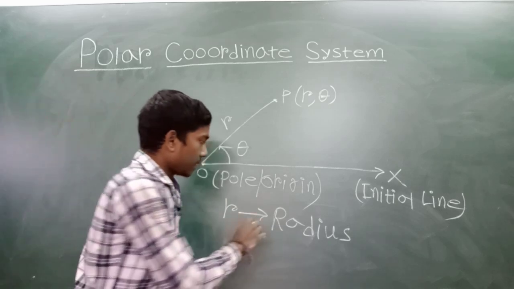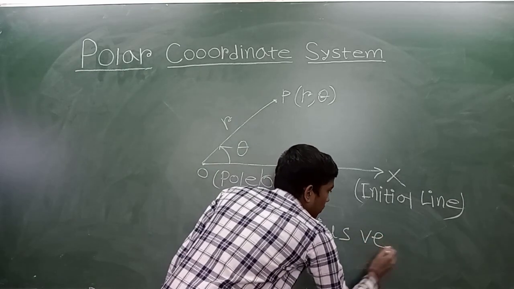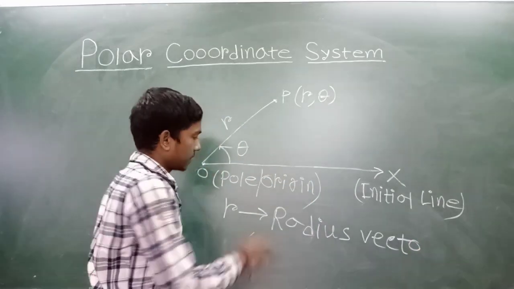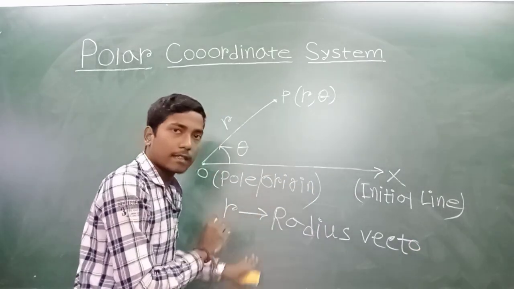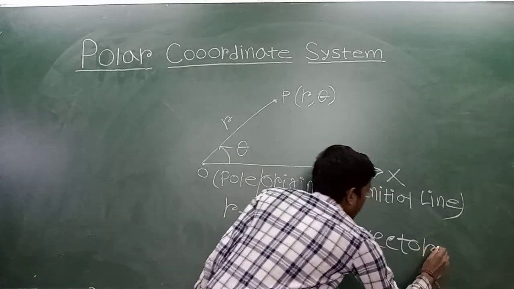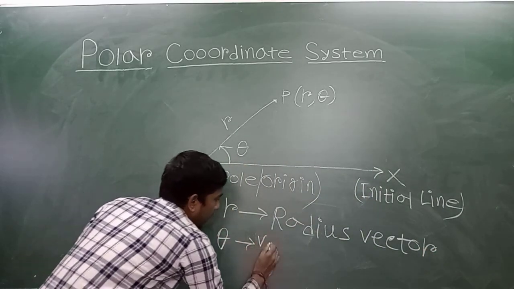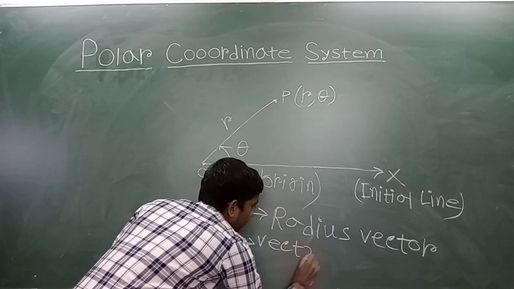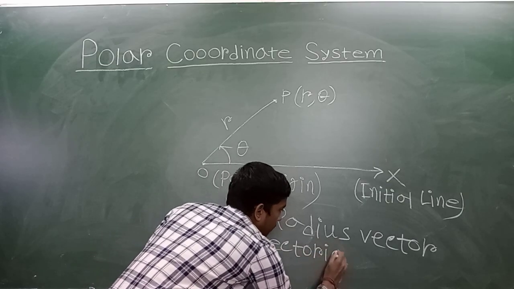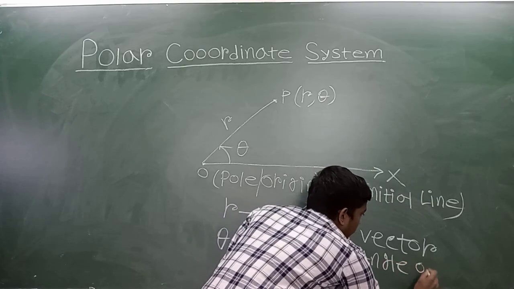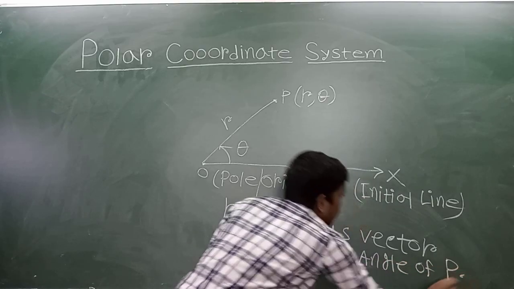It's just a term called radius vector, like we use the term area vector. Similarly, this is also a term called radius vector, and this angle theta is called the vectorial angle of point P.